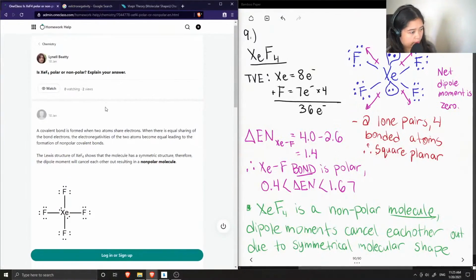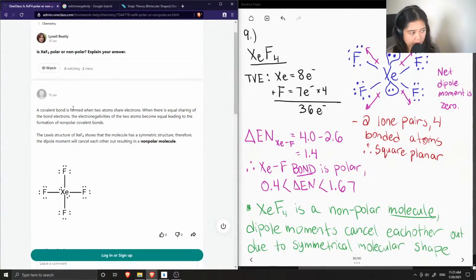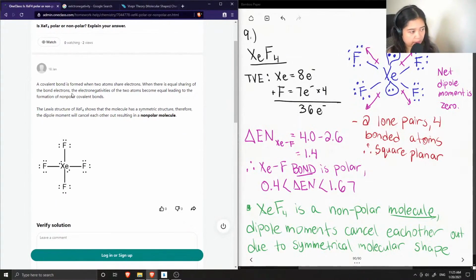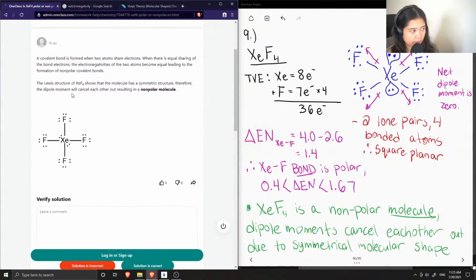Okay, so the junior tutor said that a covalent bond is formed when two atoms share electrons. And there is equal sharing of the bond electrons, the electronegativities of the two atoms become equal, leading to the formation of nonpolar covalent bonds. The Lewis structure of xenon tetrafluoride shows that the molecule has a symmetric structure, therefore, dipole moment will cancel each other out, resulting in a nonpolar molecule.